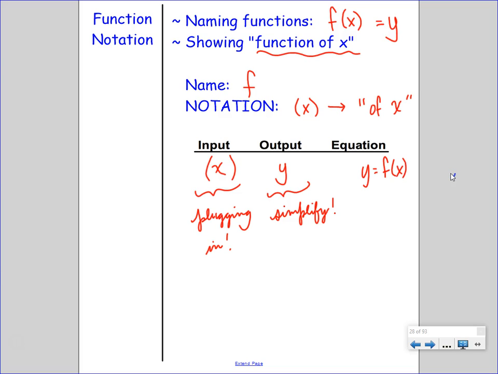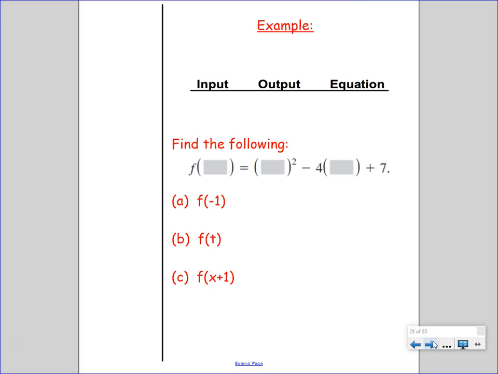This is just kind of setting up for the next page. So the input is the x that we put in, or whatever is inside these parentheses. For those of you that the box thing worked pretty well last time, whatever is inside is the input. And we're putting it in with the parentheses intact. That way we don't mess up distributing negatives or squaring or anything like that. So here's an example.